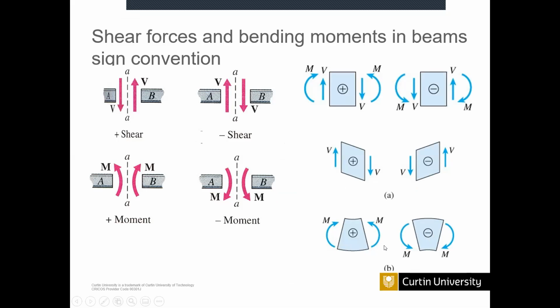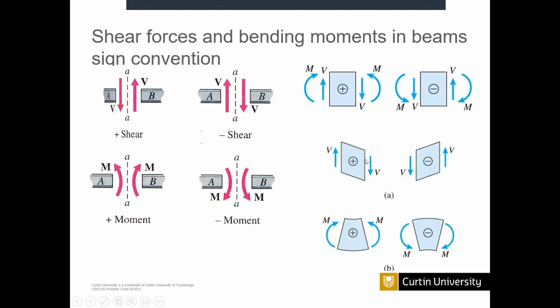It is a common subject for civil students and mechanical students. So this is called sagging, the minus. Normally, if it is loaded like this, it is a minus. If it is bending like this, it is hogging, so it is positive.